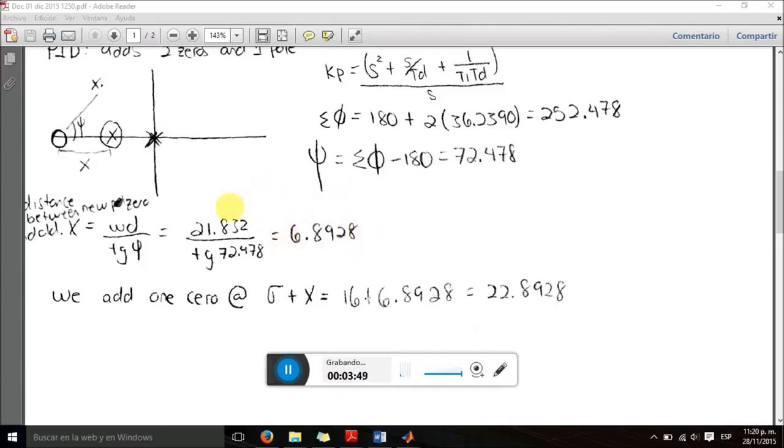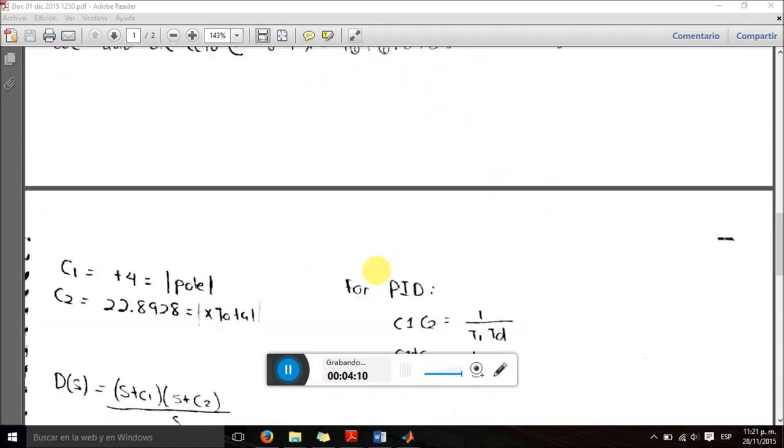So if we need to know where we will add that 0, we just need to add sigma to the value that we obtain of distance, that is this one. So the new 0 that we add is on 22.8 from the origin.